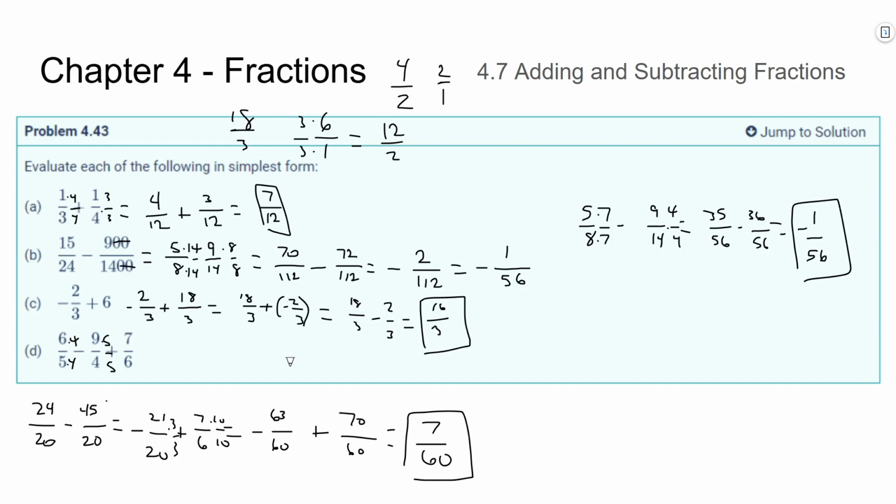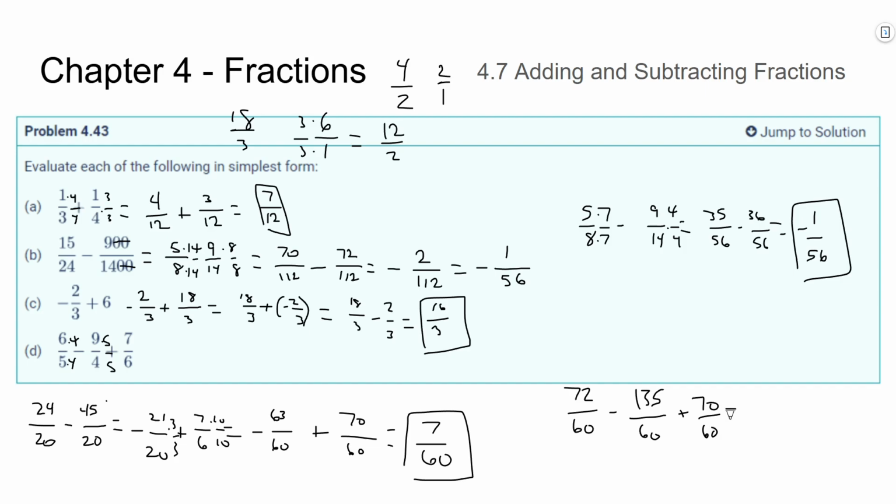Okay, so another way to do that real quick, though, while I'm here, is we could have found a common multiple of all 3 from the start, which would have been 60. We can see that 60 is going to be a common multiple, so 6 over 5 would have become 72 over 60 minus 135 over 60 plus 70 over 60.